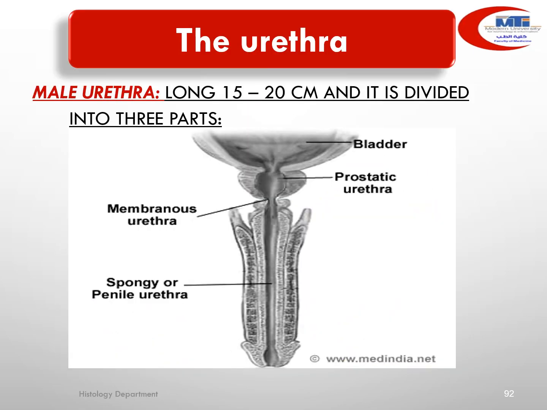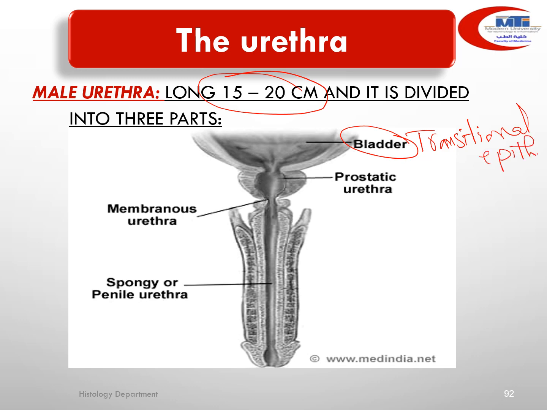The male urethra is about 15 to 20 centimeters. The bladder is lined by transitional epithelium. The prostatic urethra is also lined by transitional epithelium.